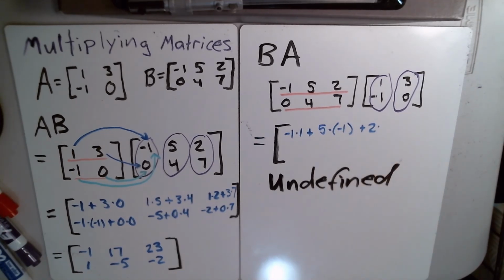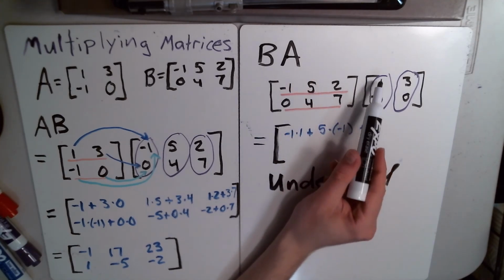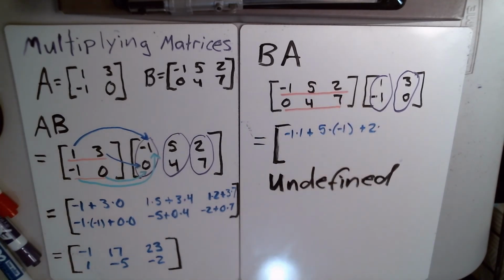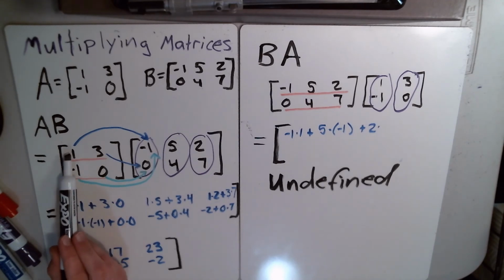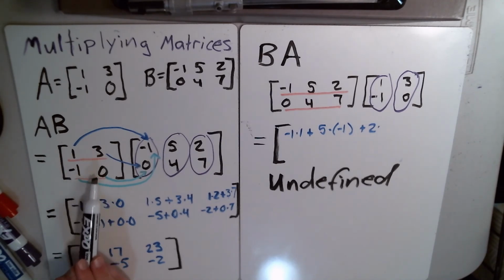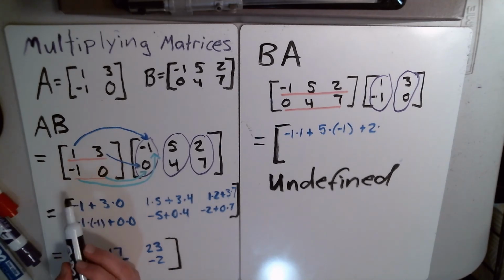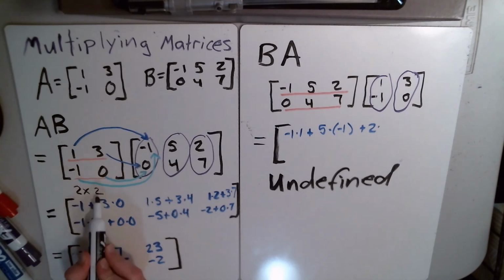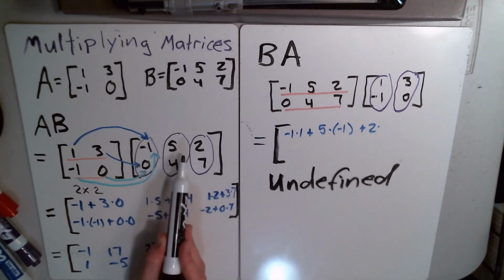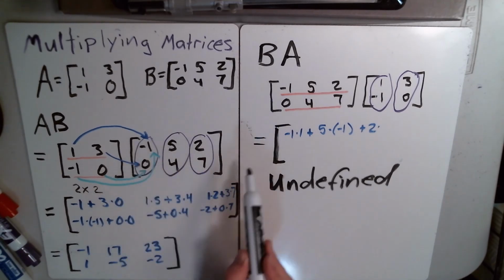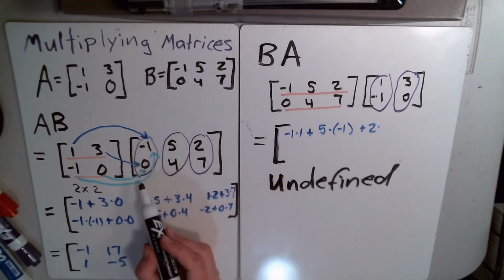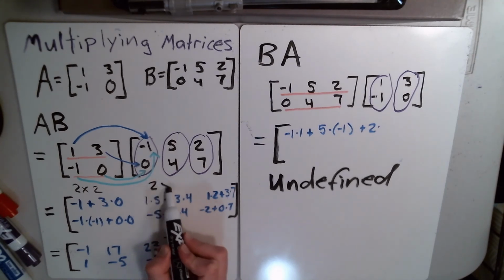Because when you take a row here times a column here, they don't line up so that you have the same number of entries in them. In other words, for this to work, the number of columns in this matrix, which is a 2 by 2 matrix, so there's 2 columns, needs to be the same as the number of rows in this matrix, which is a 2 by 3 matrix.